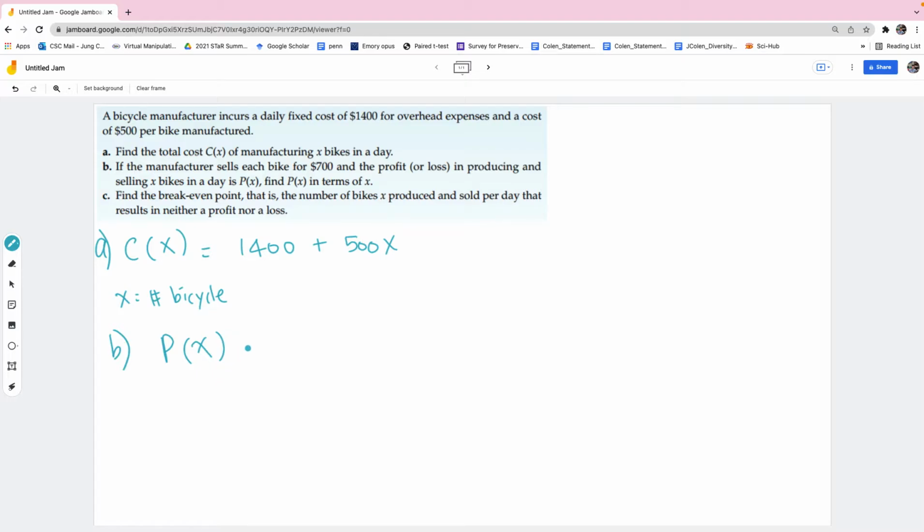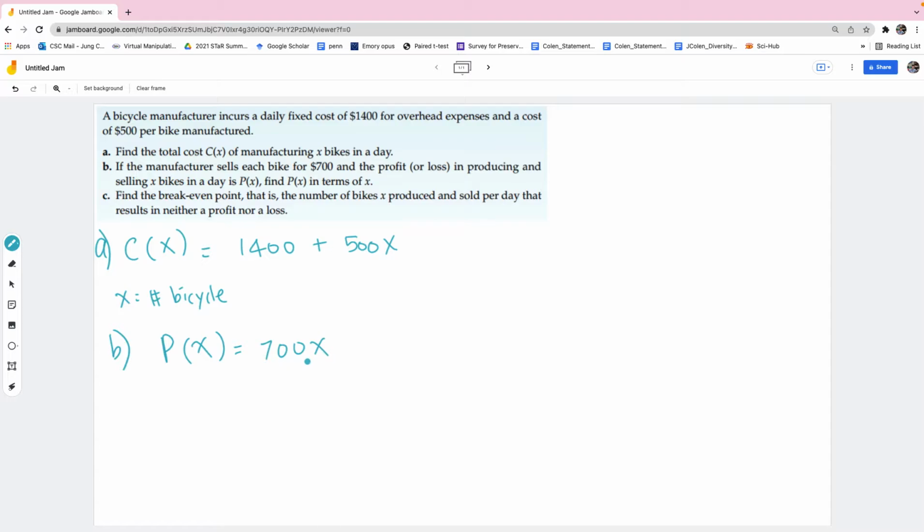So the profit will depend on how many bicycles you are selling, right? So how much you are making by just selling the bicycles? 700 times x, right? So if you sell only one bicycle, you're going to make $700. If you sell 2 bicycles, 700 times 2, 10 bicycles, 700 times 10.